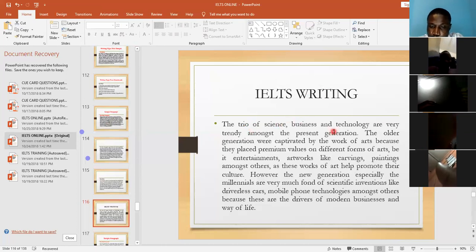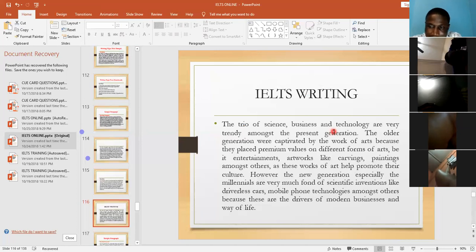I said the trio of science, business, and technology are very trendy amongst the present generation. Okay, if there was any paragraph I wanted to add, I can say in addition, also, or secondly, because that is indicating that that is my second point, or that is an additional point.